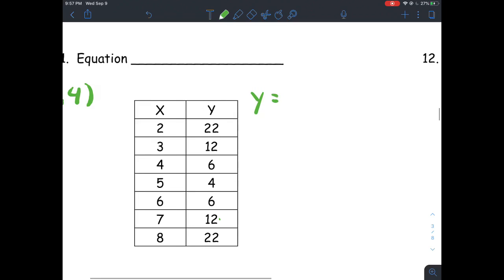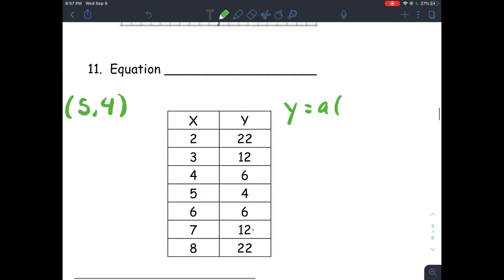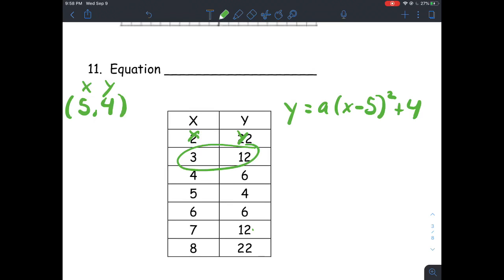Now, we're going to go ahead and plug that in. We've got y equals a, and we don't know our a yet, and we know that our x is going to be 5, so you do x minus 5, remember you always switch the sign for the x, squared plus 4. Now all you need to do is pick a point to plug in. So let's see, how about (3, 12). So this is going to be my x, and that's going to be my y.